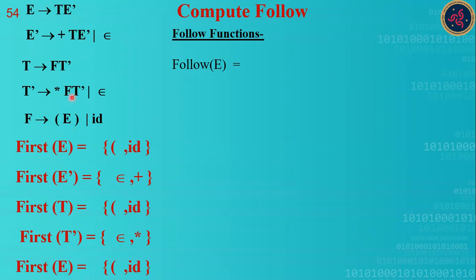It is here, in the last production. After E, what is the symbol? It is a closing bracket, which is a terminal symbol. If it is a terminal symbol, you can take that symbol directly.